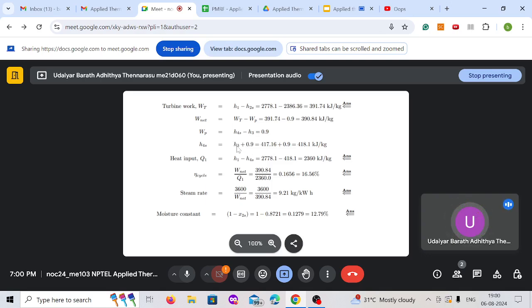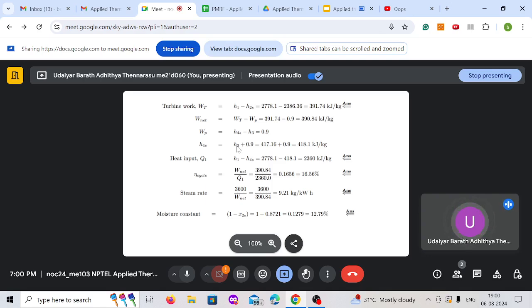Substituting the values, we get enthalpy at exit of pump as 418.1 kilojoule per kg. Now the heat input Q1 is H1 minus H4s, which is 2778.1 minus 418.1, equal to 2360 kilojoule per kg. That is the amount of heat which is added.